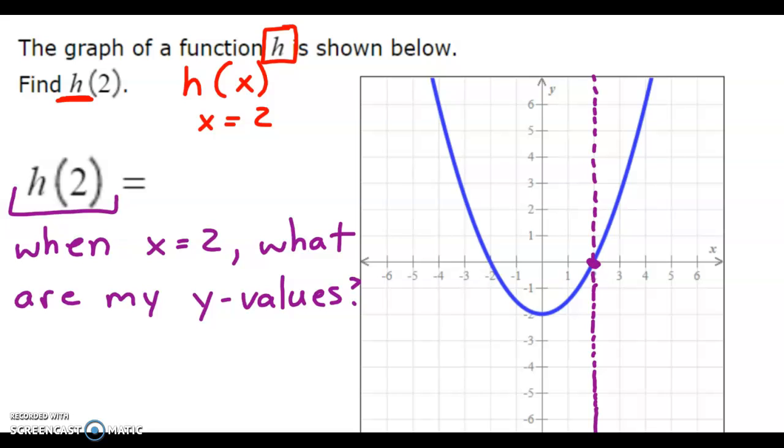So in terms of this blue graph, where on the graph, what y value on the graph does x equal to? What's the y value right here? 0.